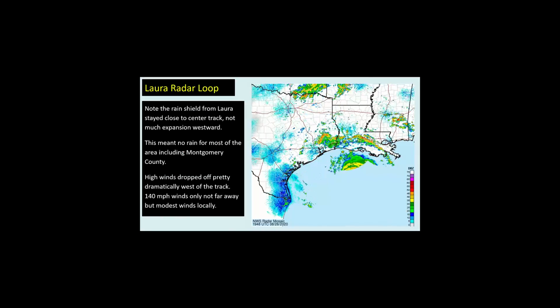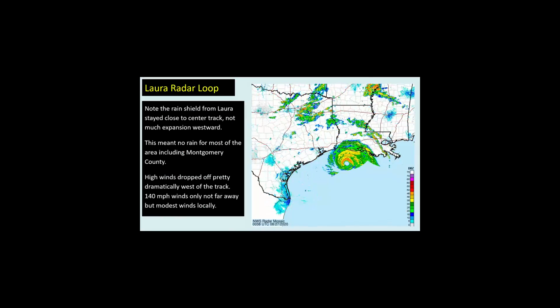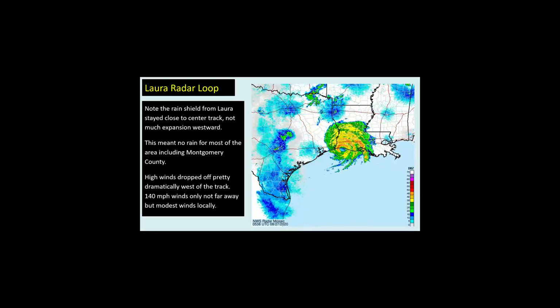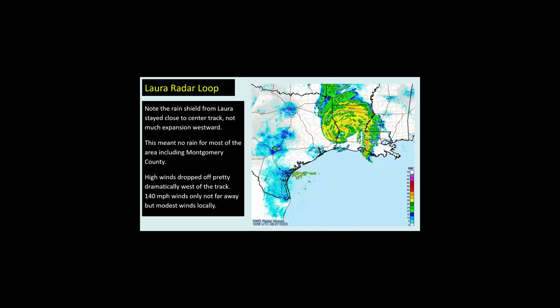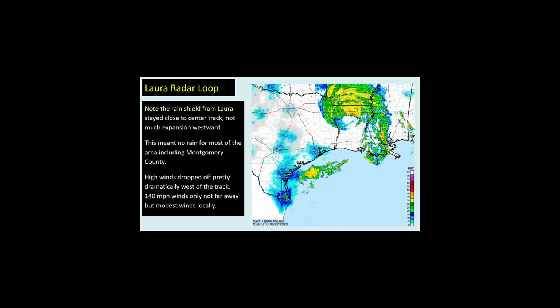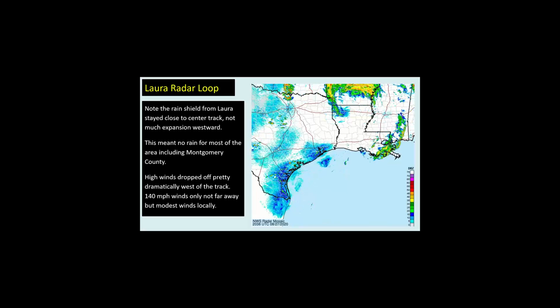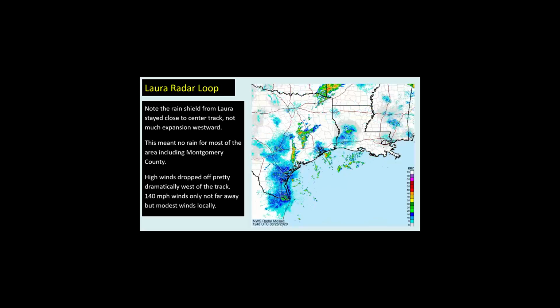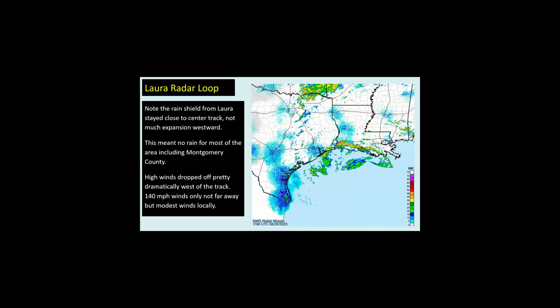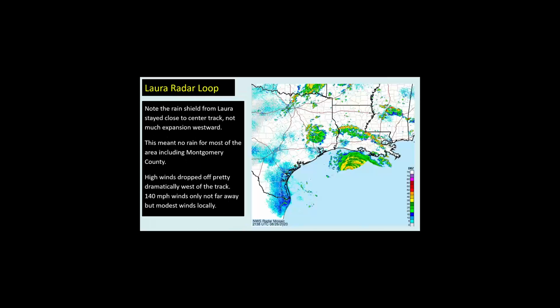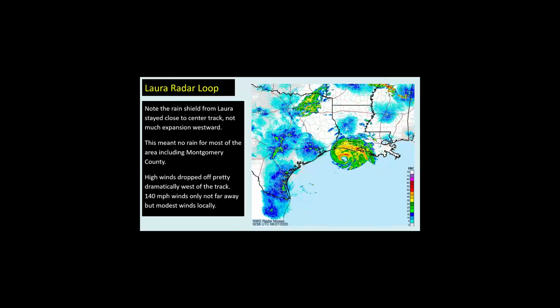Here's another look at a loop of the radar, and you'll see the storm coming in, moving fairly quickly through. You see that eye wall holding together there. So a storm like Laura, moving fairly quickly, a high category storm, what hazards would you expect?